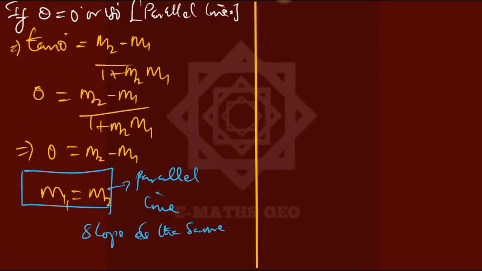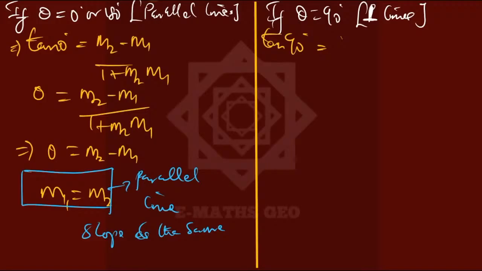So what about perpendicular lines? If theta is 90, that is perpendicular lines. So tan 90 equals m2 minus m1 over 1 plus m2 m1.